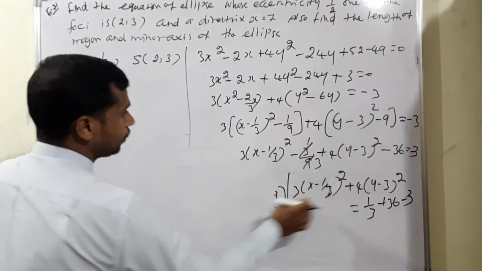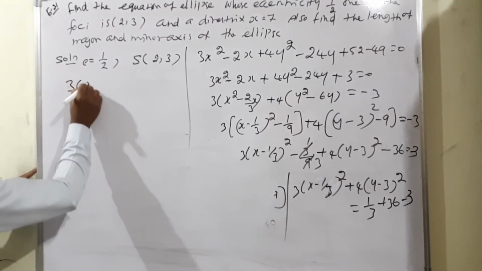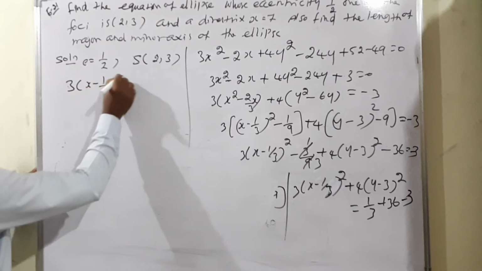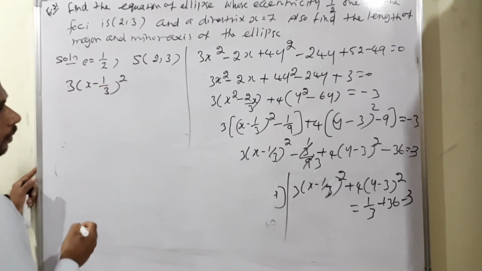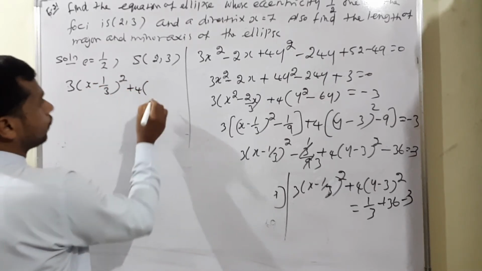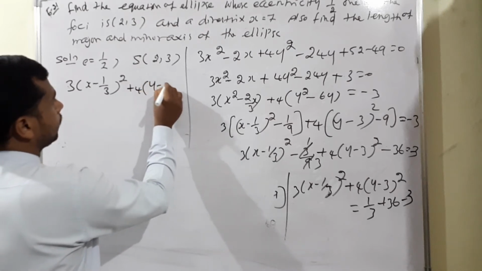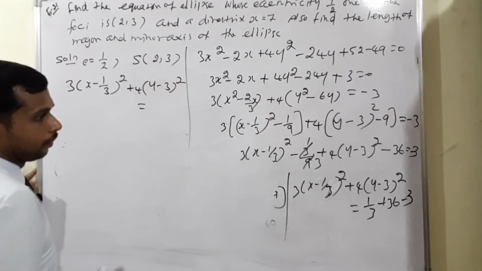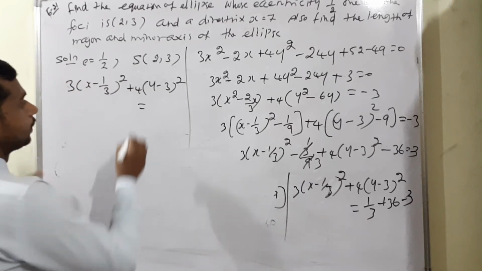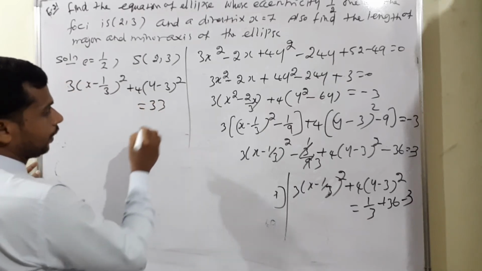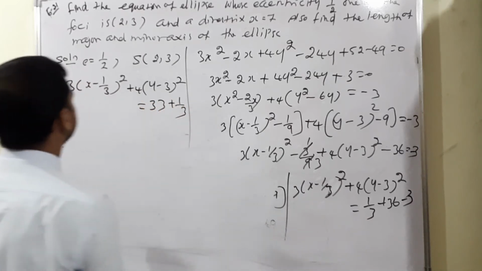So 3 into (x minus 1 by 3) the whole square, then plus 4 into (y minus 3) the whole square is equal to 36 minus 3 means 33, isn't it? 33 plus 1 by 3.